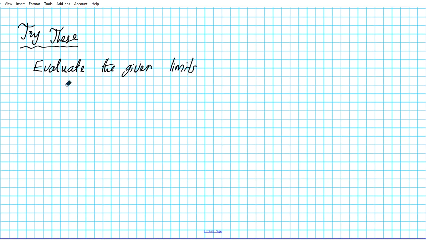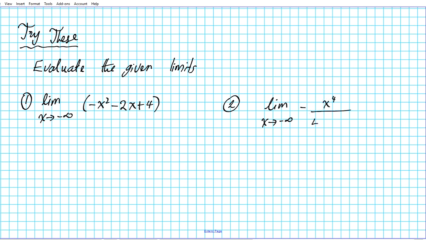For question 1, what if you were to find the limit as x approaches negative infinity of negative x squared minus 2x plus 4. Question 2, what if you're to find the limit as x approaches negative infinity of negative x to the 4th divided by 4x squared plus 4.